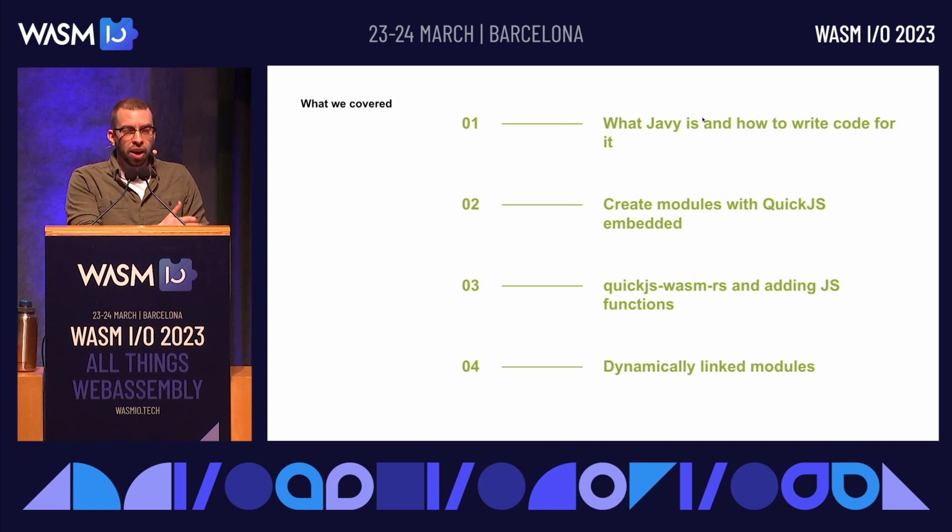How to use that to add your own custom JS functionality into a JavaScript environment that you're hoping to offer, as well as how we create these tiny modules that are about 3 kilobytes in size for an interpreted language that normally requires modules that are at least 870 kilobytes in size.